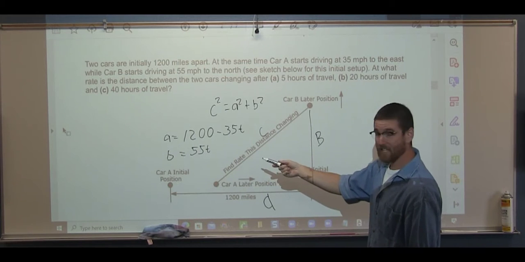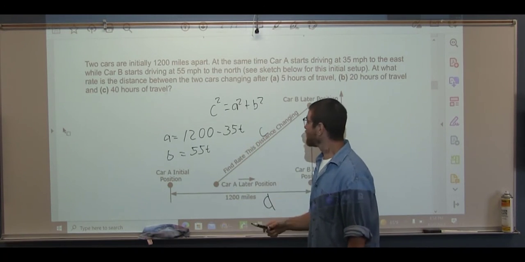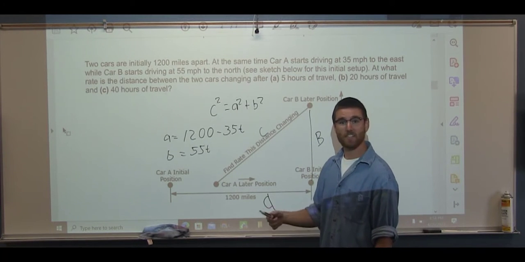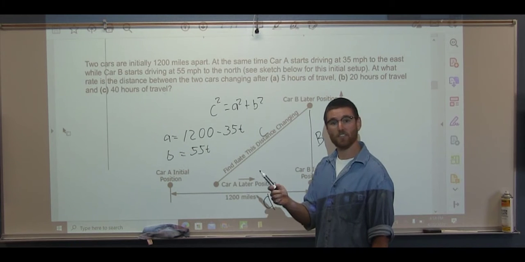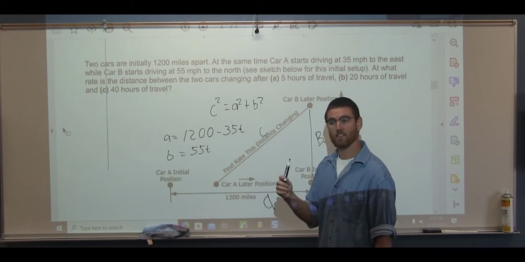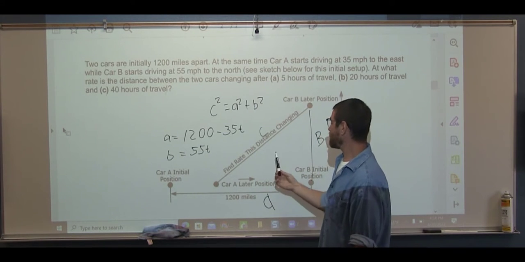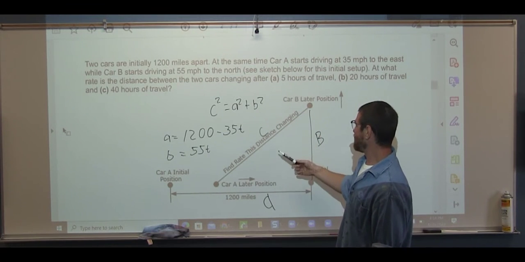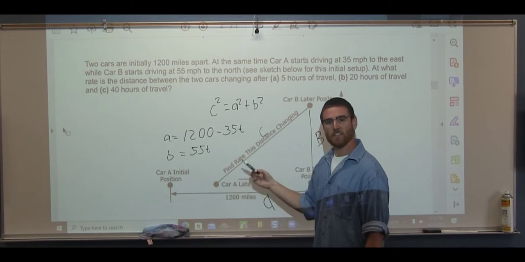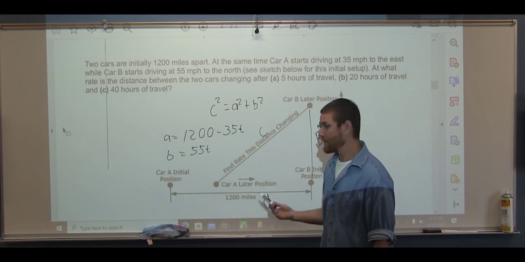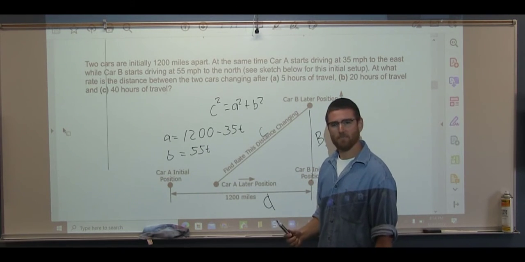That is our A, and that is our B. This is the equation that we're going to plug them into. And just to be consistent, the reason we're going to do that is because we're then going to take the derivative of that function, and that will tell us at each precise moment the distance between them. That's what makes this a question of related rates.